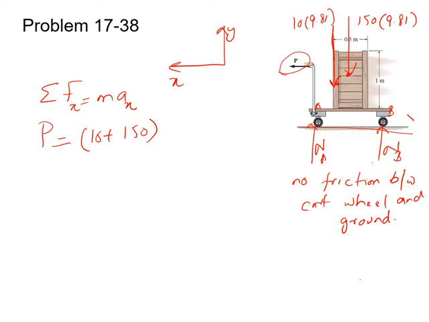The value of a at which the crate is moving is the same as the value of a at which the cart is moving, so it will be equal to 1.962. From this we got the value of P equal to 314 Newton. This is the maximum force that can be applied to the handle of the cart. In this way you can solve problems related to the tipping or slipping of a rigid body.